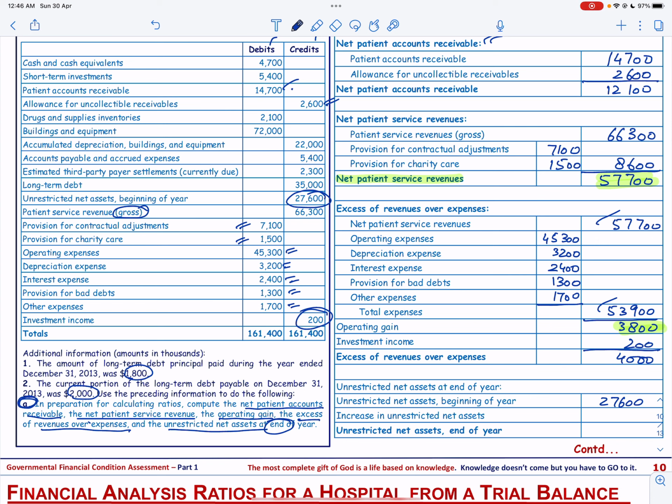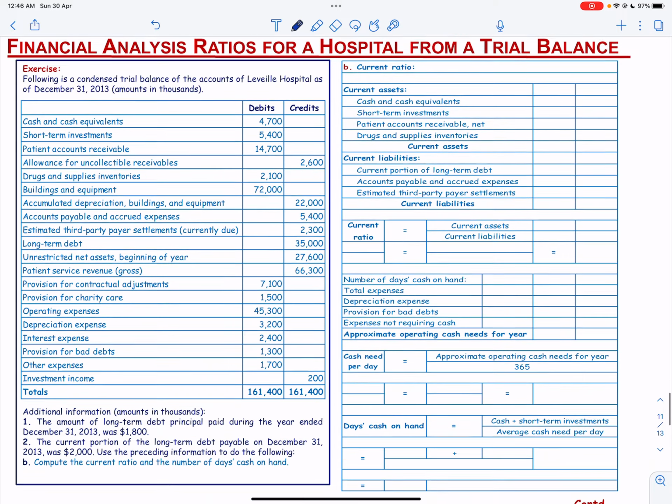To this we are going to add the excess of revenue over expenses of 4,000. So the total is 31,600. Okay. So we have completed all the parts for part A, and we move on to part B.